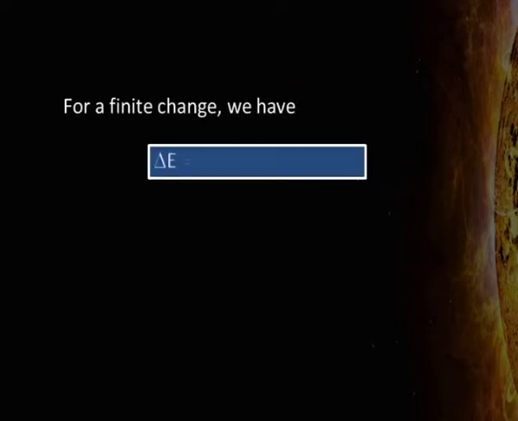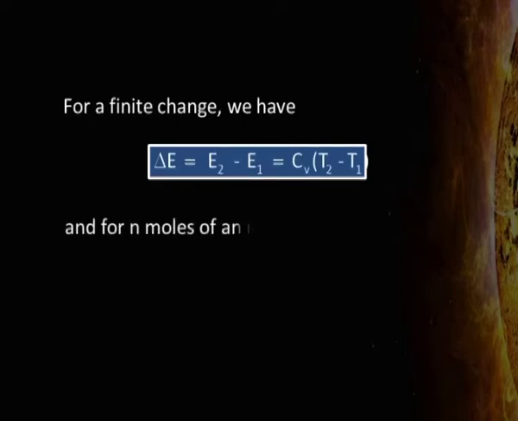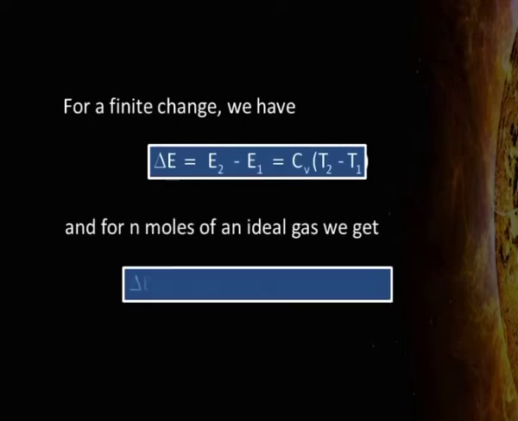For a finite change, we will have delta E is equal to E2 minus E1, which is equal to Cv multiplied by T2 minus T1. For n moles of an ideal gas, we will get delta E equal to E2 minus E1, which is equal to n multiplied by Cv multiplied by T2 minus T1.